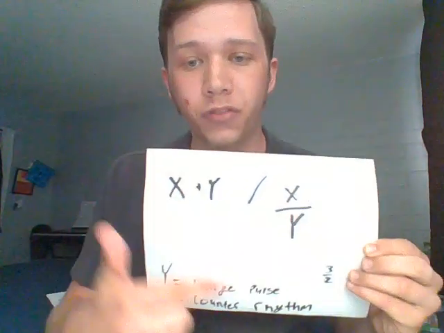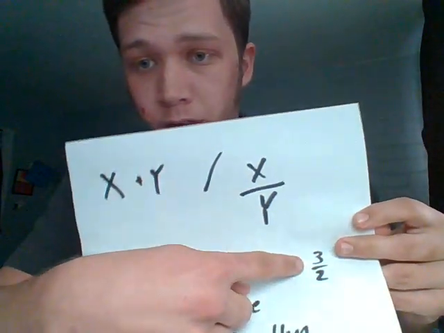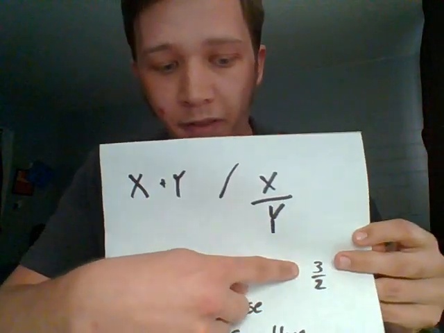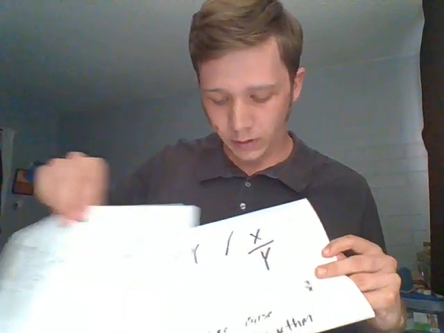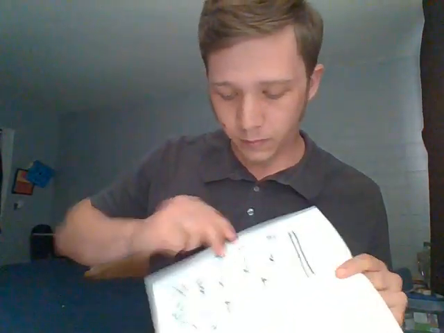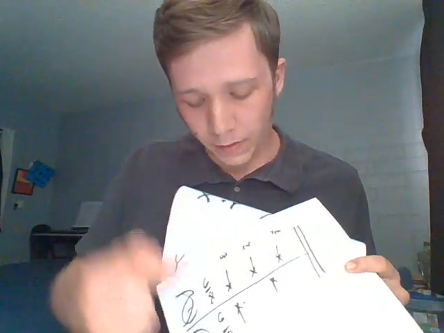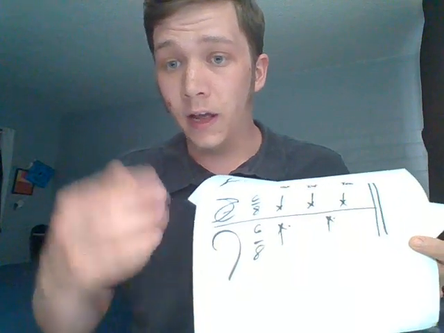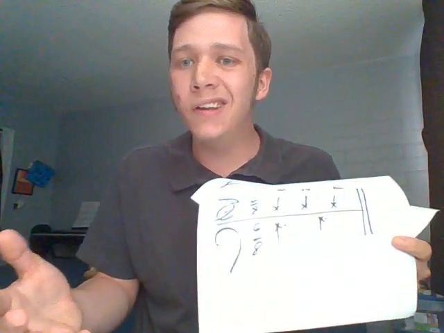So in this situation, we have a 3/2. The X being on top is going to be that counter rhythm. And then this 6/8 is following on the downbeats and the more common pulse of the flow.